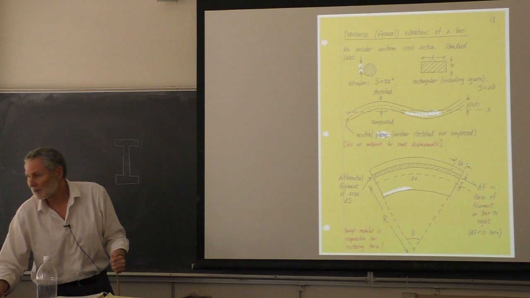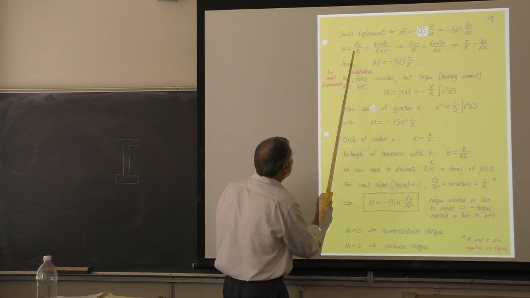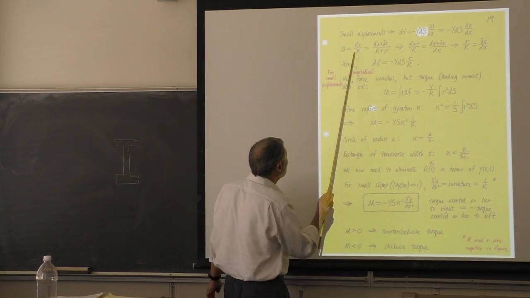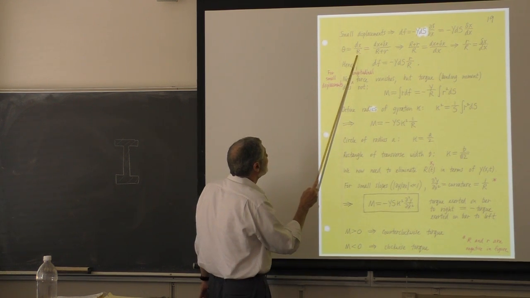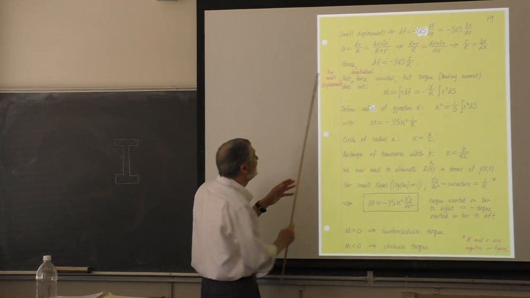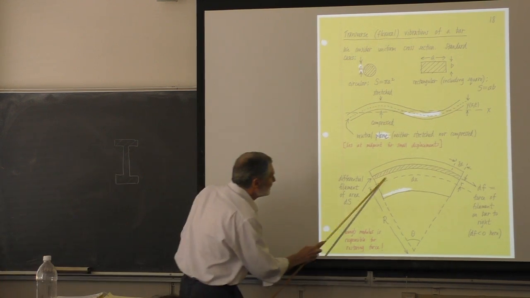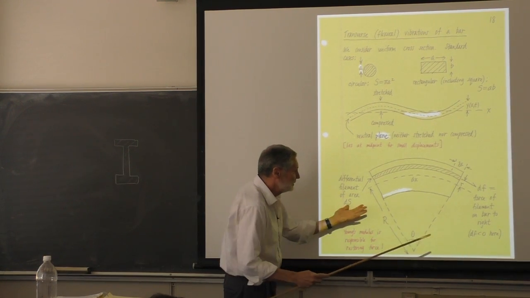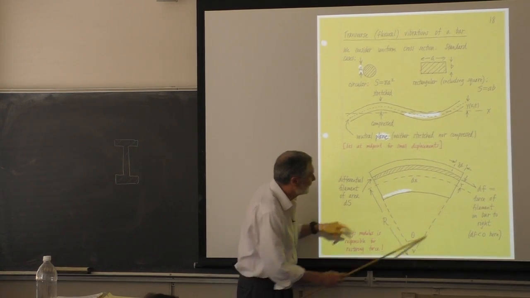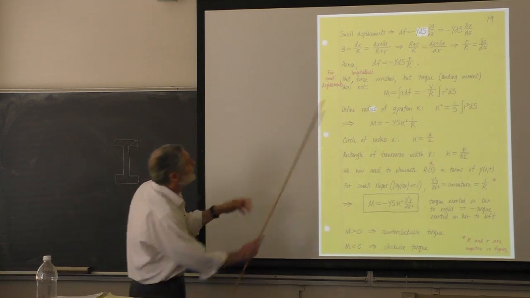Once you see that written down, I think you'll buy it. So we can write the angle theta as the arc length dx over r. This is this distance right here. By definition of radians, this angle is this divided by that. But we can also write it referred to the filament. And that gives us this right here.